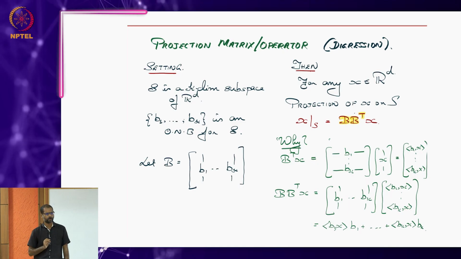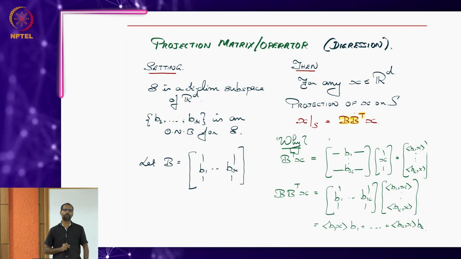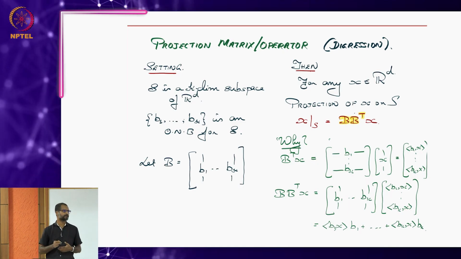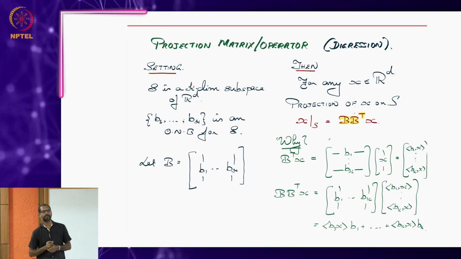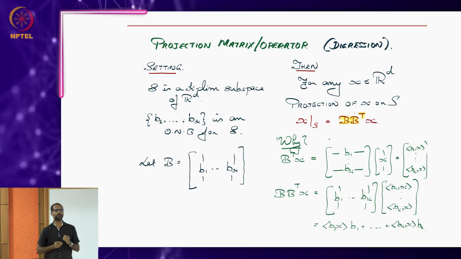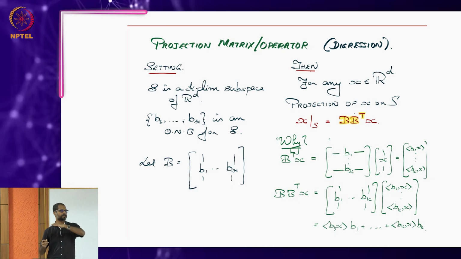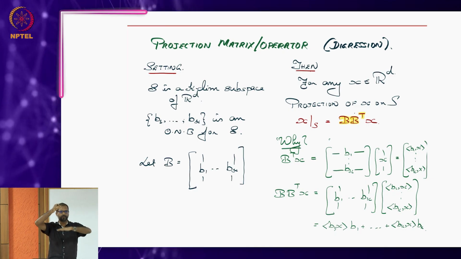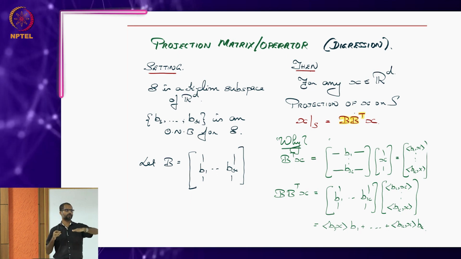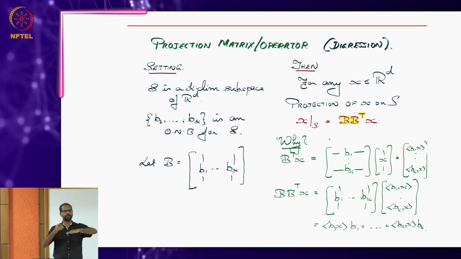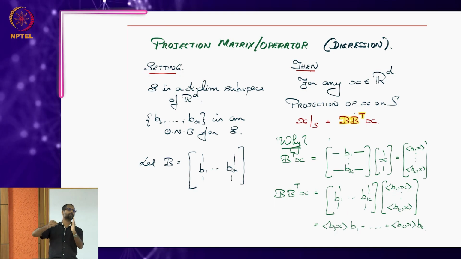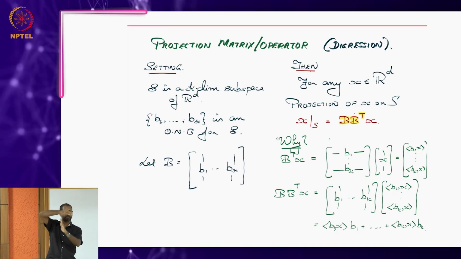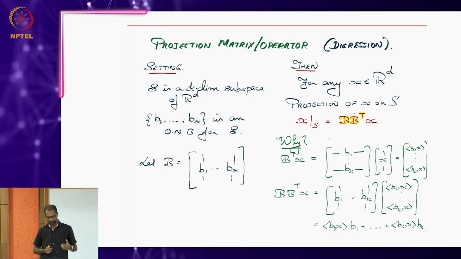So I need a small digression, like 5 minutes, and then we will go back to our projections. We already spent some time with the visual image of what a projection is, starting with projecting a 3D vector onto a 2D plane. If the target two-dimensional space was horizontal, then it is like dropping a weight, but it could be inclined, in which case you have to really drop the perpendicular to this plane.